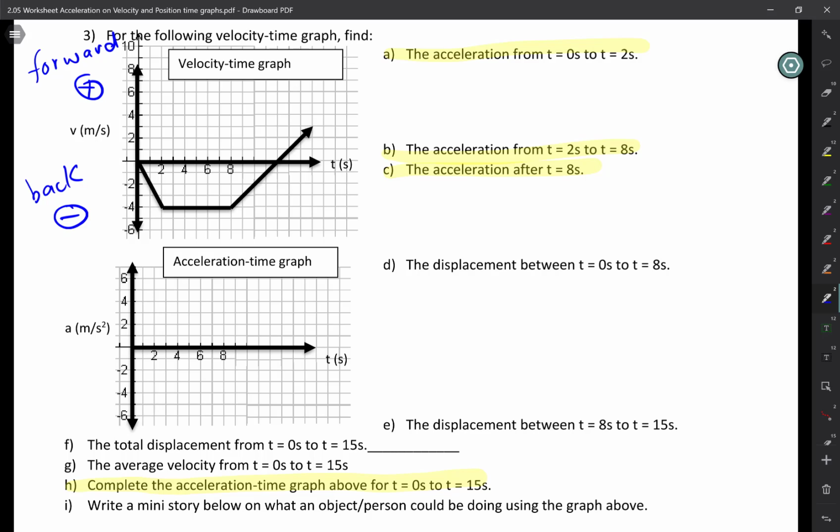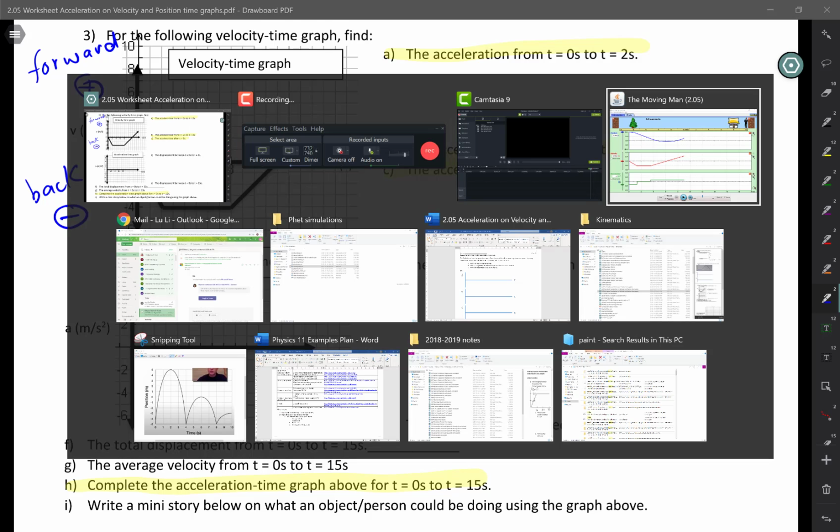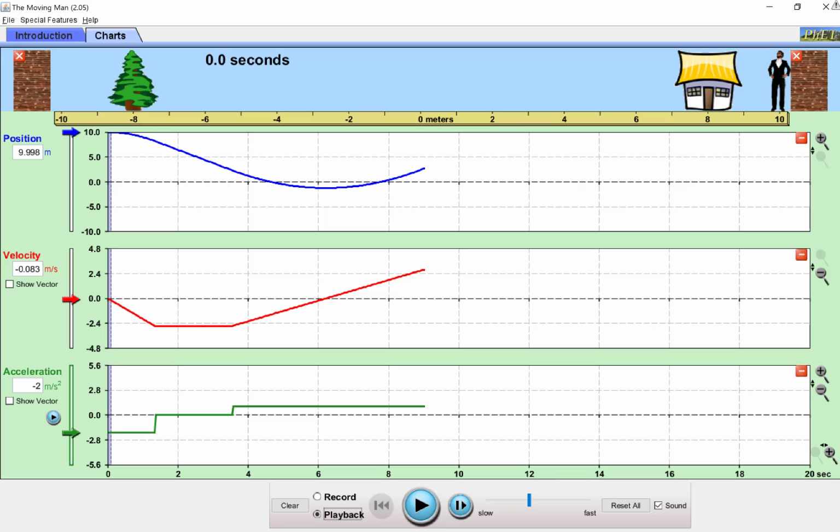When I get a graph, usually what I like to do is visualize what the object is doing. Since maybe you've played with the moving man simulation, the PhET simulation, which I will also include the link to down below, I've put a little rough sketch idea for you to look at. If you can't see my cursor very well, I'm pointing at the velocity time graph.